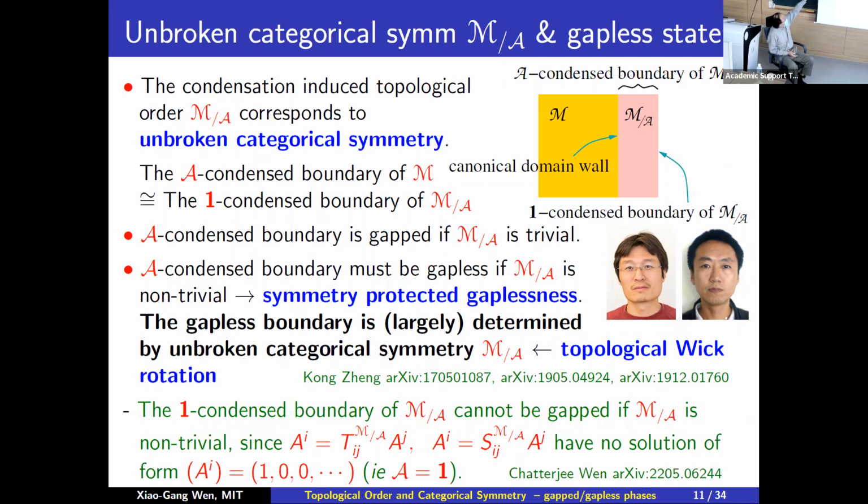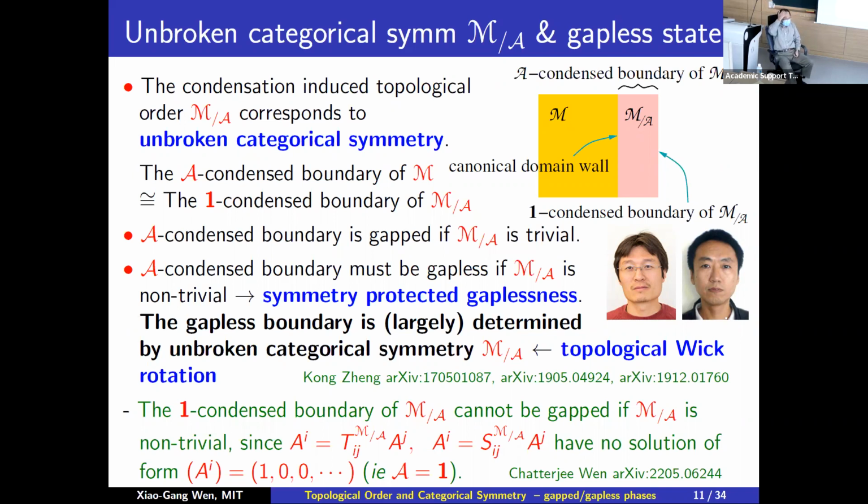We are interested in the low energy physics, which can be viewed as a trivial condensed boundary of M/A. So that's a reduction. An A condensed boundary of M can be studied via a trivial condensed boundary of M/A. We just need to calculate from M to M/A, this reduction. Then we can unify the theory of a gapless boundary.